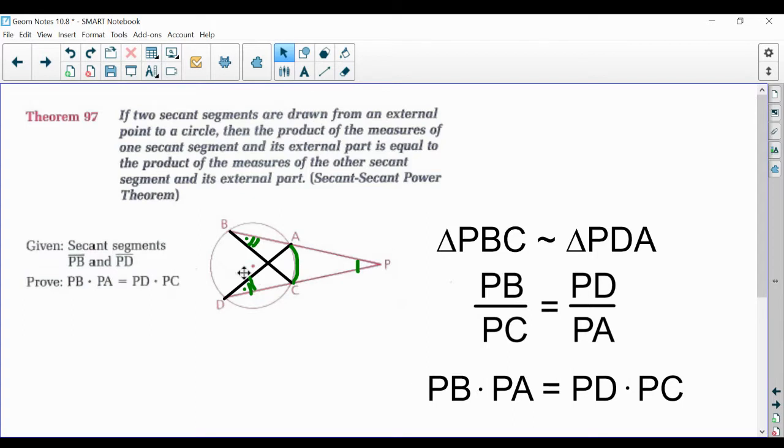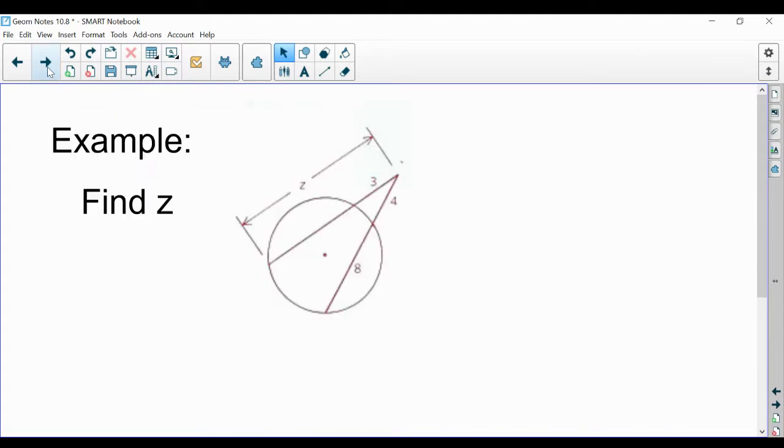All right, let's use this secant power theorem in an example. So I have two secant segments.